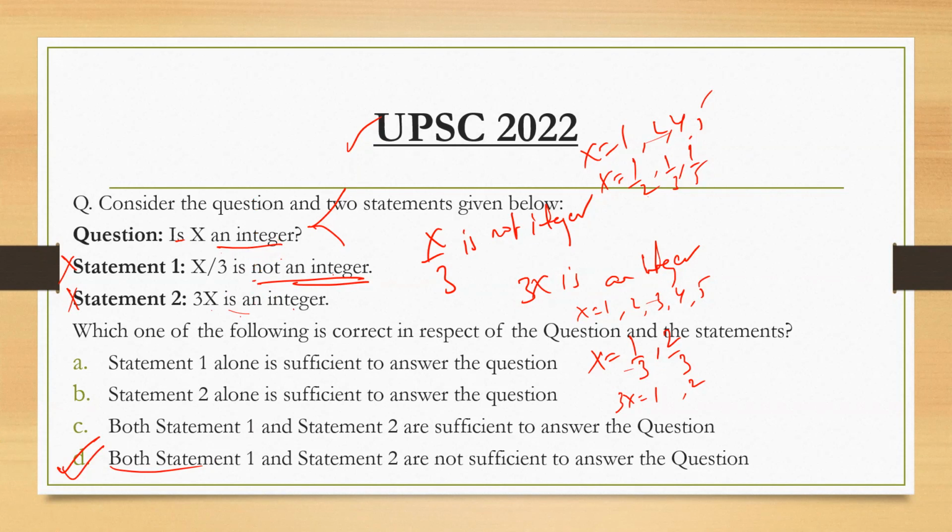Is this clear, everyone? So when such questions are asked, the fraction format, or as we have discussed, the decimal point, you also have to keep in mind. Is this clear? I hope this concept is clear.